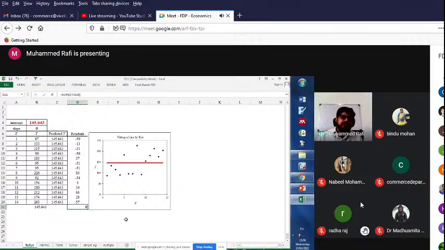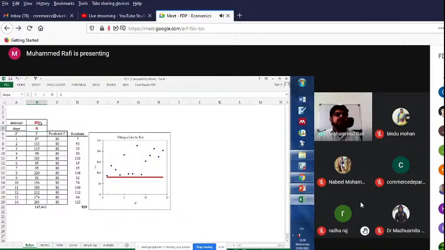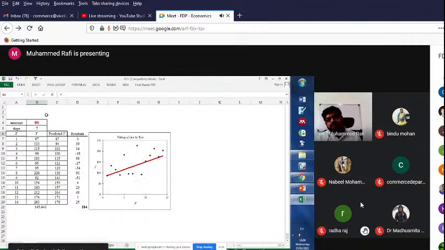In the earlier case, the sum of the error is not 0, but we could see that this line represents the relationship between x and y better.